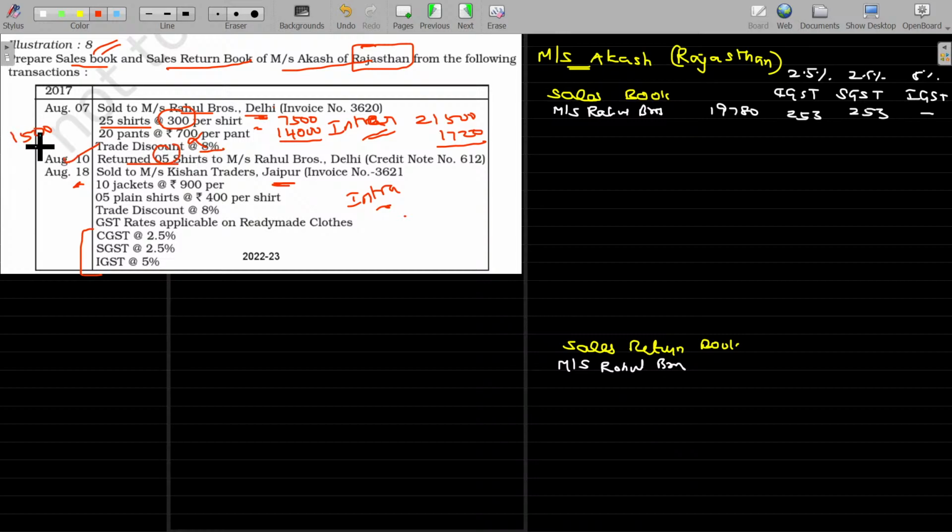Discount at the rate of 8% is applicable. 120 on that, so 1,380 will be the net of trade discount. And CGST and SGST are going to be returned. That value here being, this is interstate, no. First one. No, okay. So sales return is 1,380.